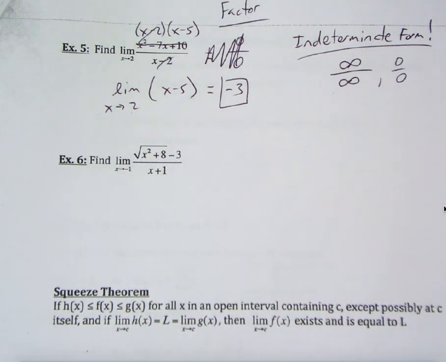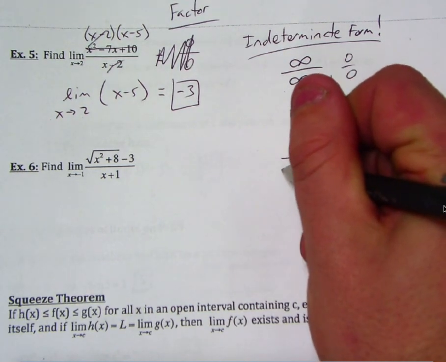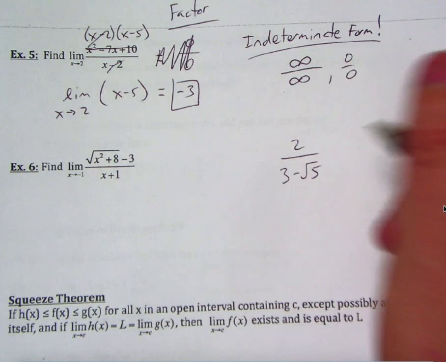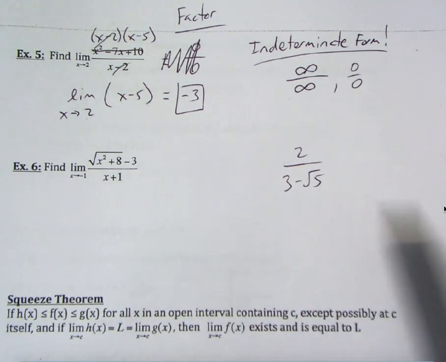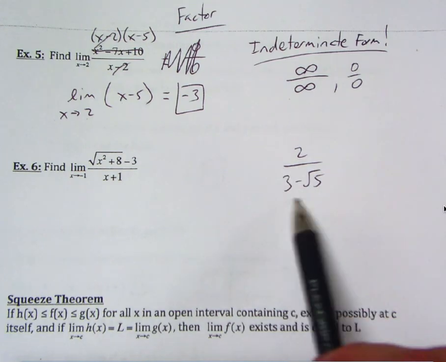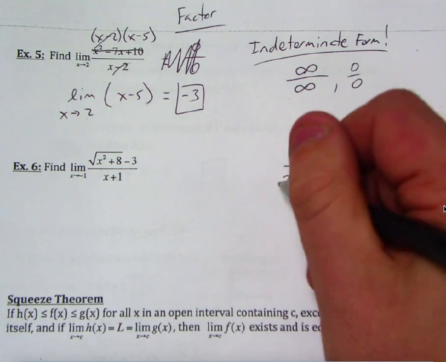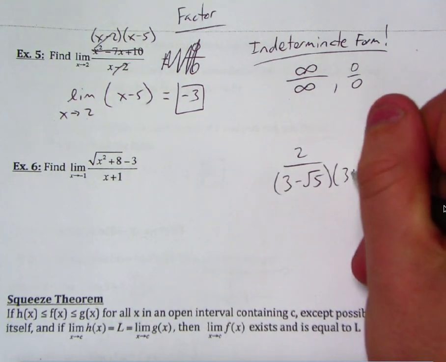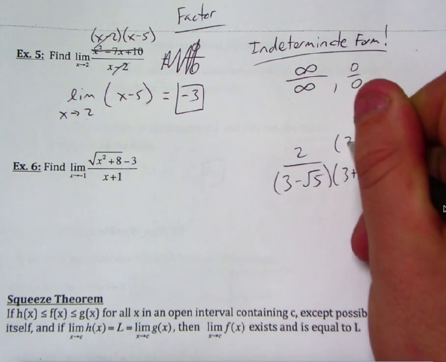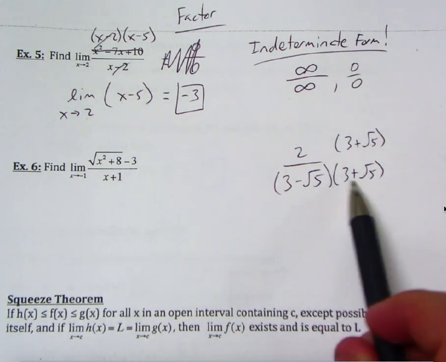So I want you to think about how to rationalize something. And again, in Algebra 2, I taught you guys this. So like if we had this, and I wanted to rationalize the denominator, well, we had to multiply the top and bottom by the conjugate of this. So the thing we would multiply by would be 3 plus radical 5. Hopefully this rings a bell. And in doing so, this is going to eliminate the radical from the denominator.